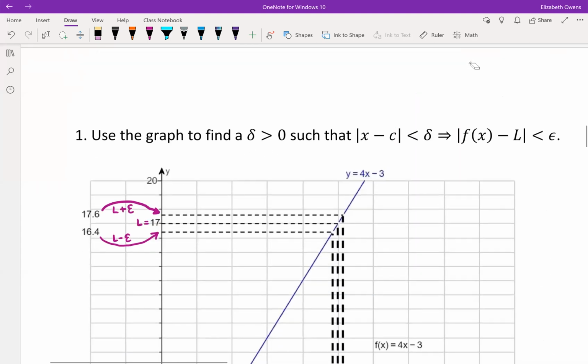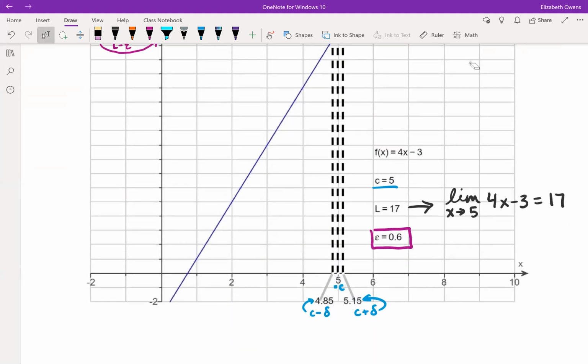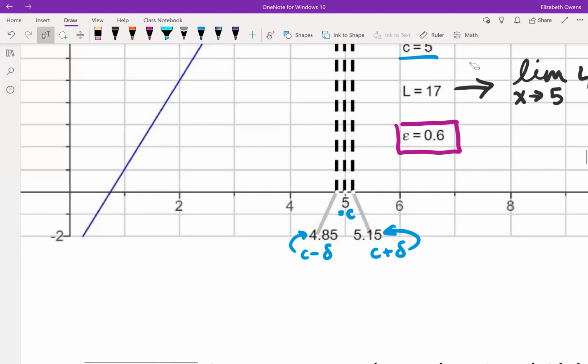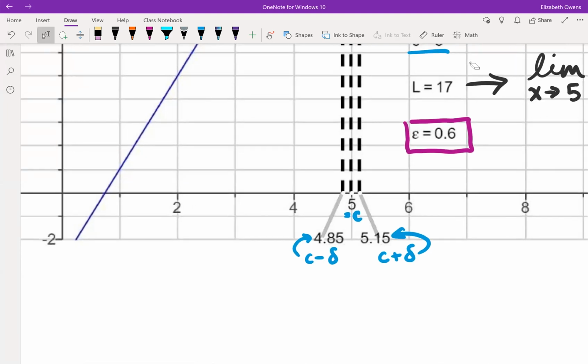So if we know that c is 5 and we have these two values that we know to be c plus delta and c minus delta, we have to calculate delta. And you can see here, I think it's easiest to look at the upper value. Delta is going to be that 0.15 that gets added on to c. Okay, so delta equals 0.15.